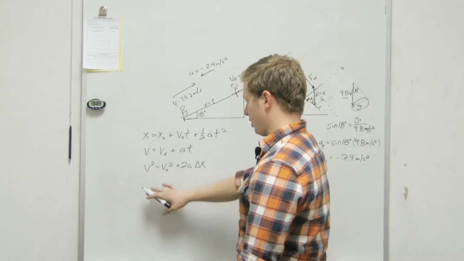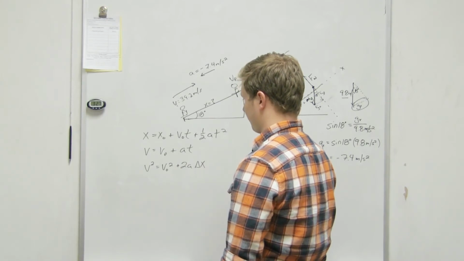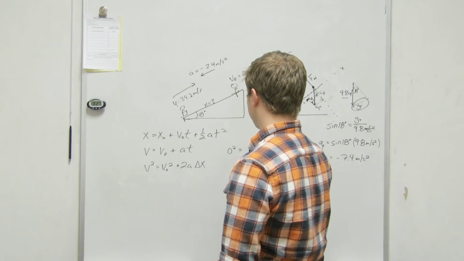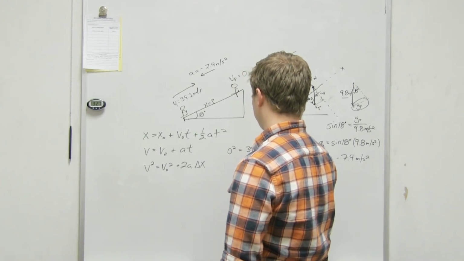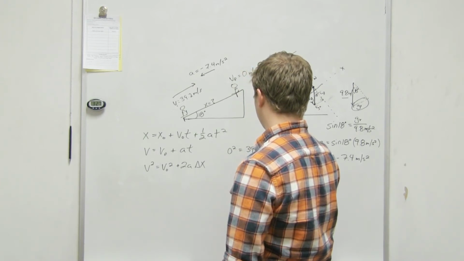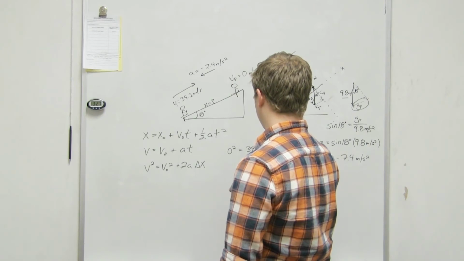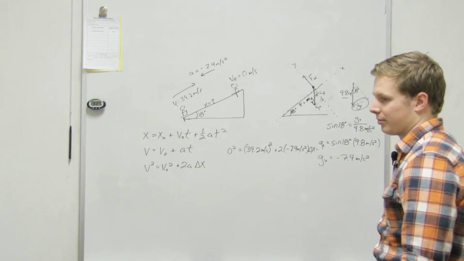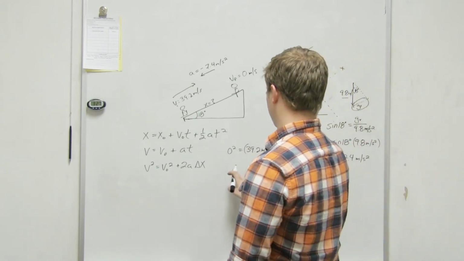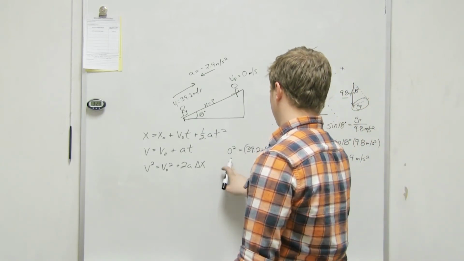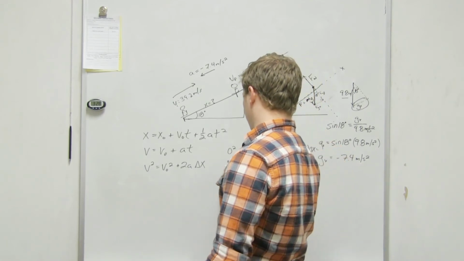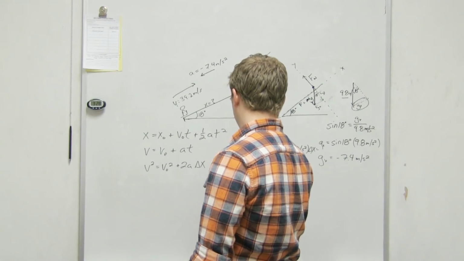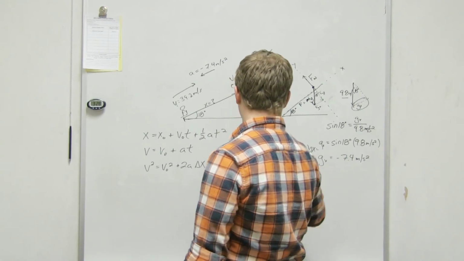So we're going to plug everything in here and solve for it. Our final velocity is going to be 0. Our initial is going to be 39.2 squared. Let me write in units. From there, we just do the algebra. We'll square this and bring it to the other side, so I'll have a negative 39.2 squared.